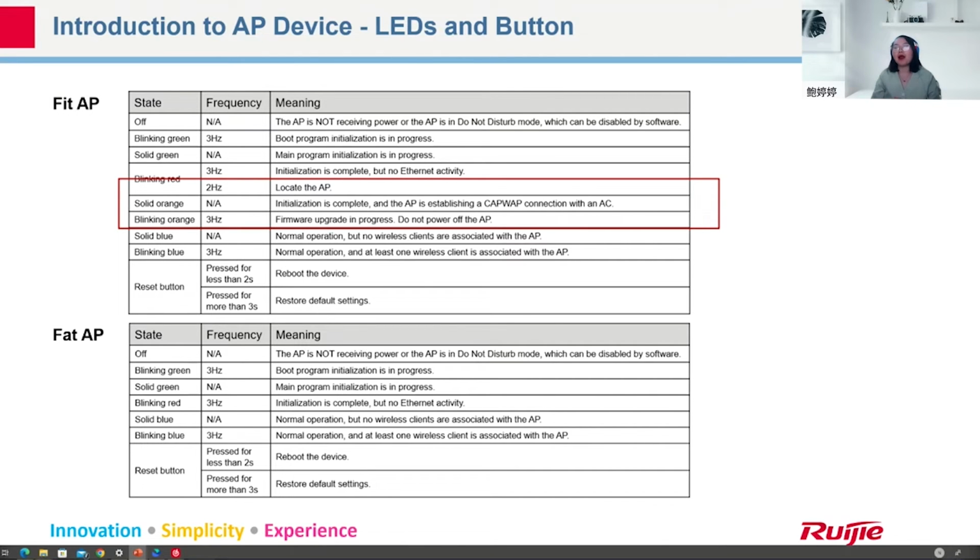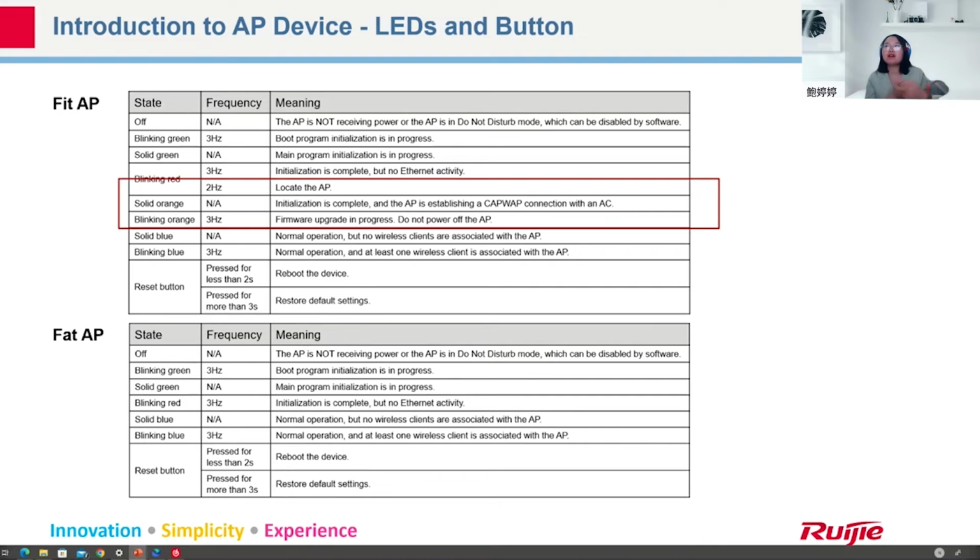Of course, pay attention to this part. First, different AP types will have different appearances, so maybe the indicators and the port numbers will also be different. The second one, different modes. Fit AP, FAT AP, different frequencies and different colors have different meanings.